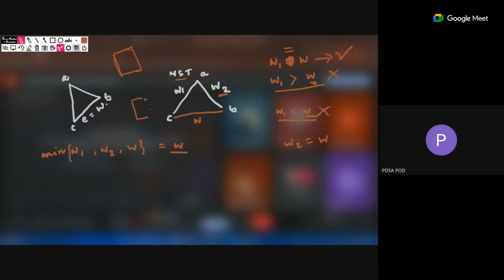So when you add the fourth edge W, you take each of W1, W2 and W3 and compare with W. What happens if W1 is greater than W, what happens if W1 is less than W? The only alternative is that W1 has to be equal to W. Try to do this.